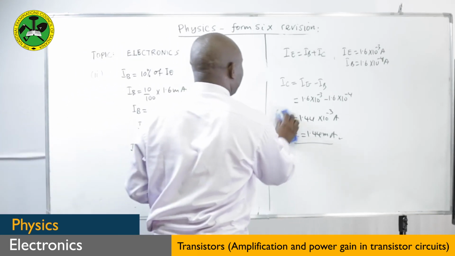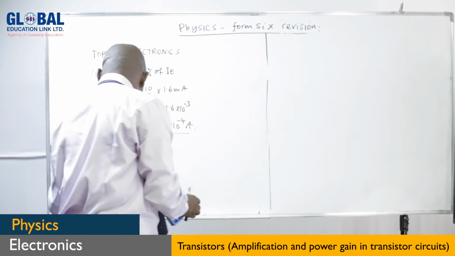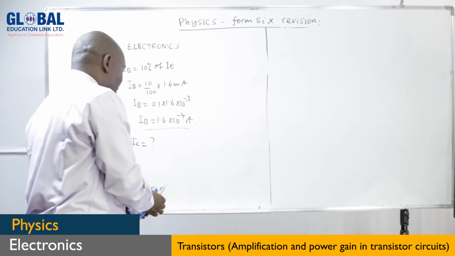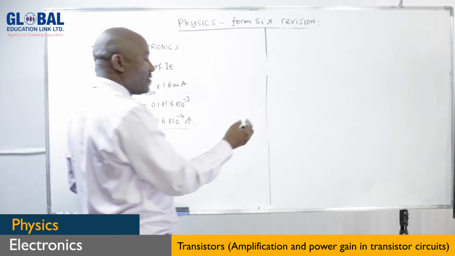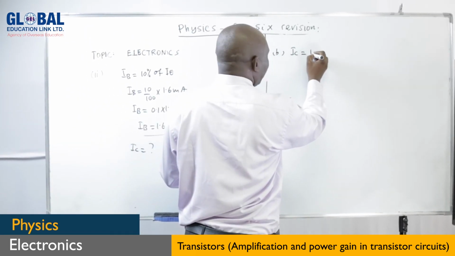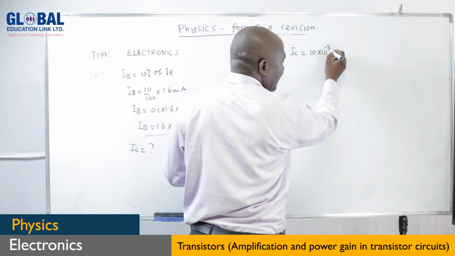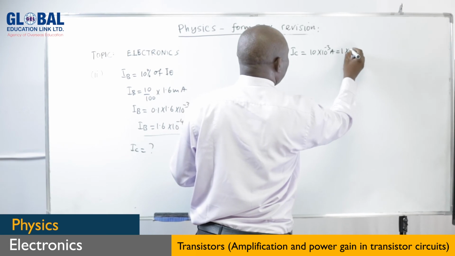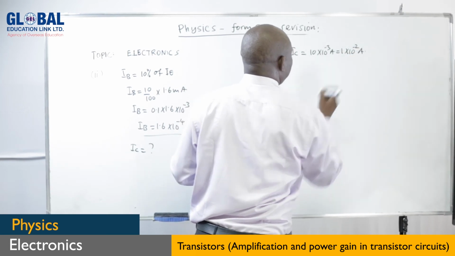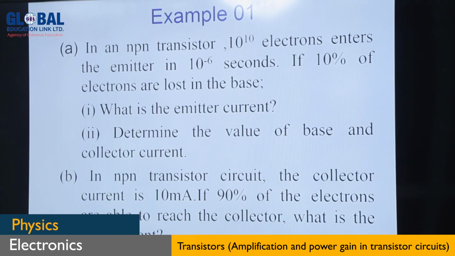We are given the same arrangement of the NPN transistor, and we are told that the collector current, IC, is 10 milliampere, 10 times 10 power -3 ampere. In other words, it's 1 times 10 power -2 ampere. That's the collector current.